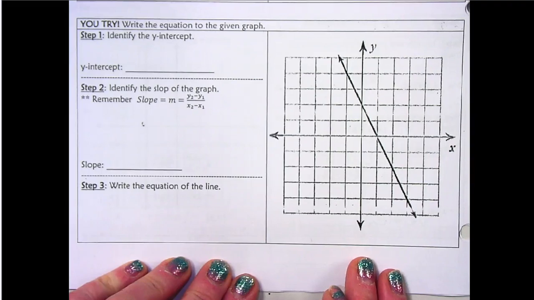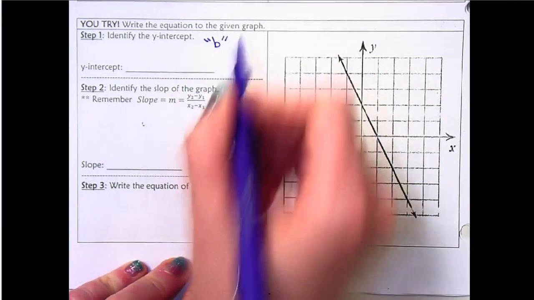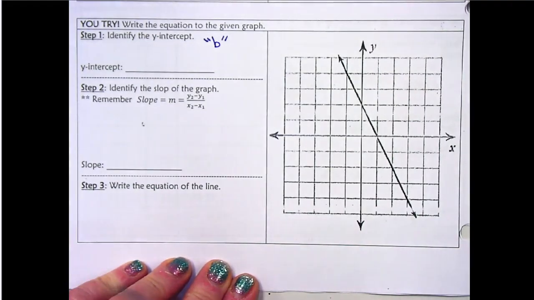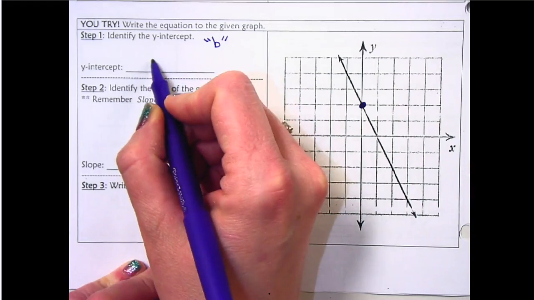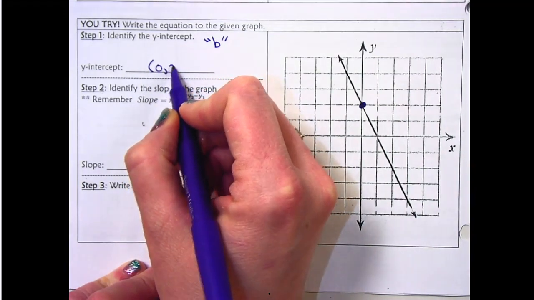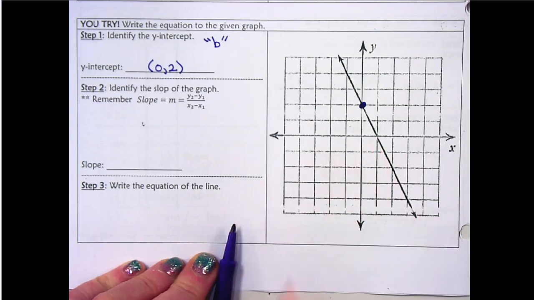The first step is finding our b, or our y-intercept, and this linear function crosses the y-axis at positive 2, which is the ordered pair (0, 2). Identify the slope, so I need to identify 2 perfect ordered pairs. I could go ahead and use the y-intercept if I'd like.